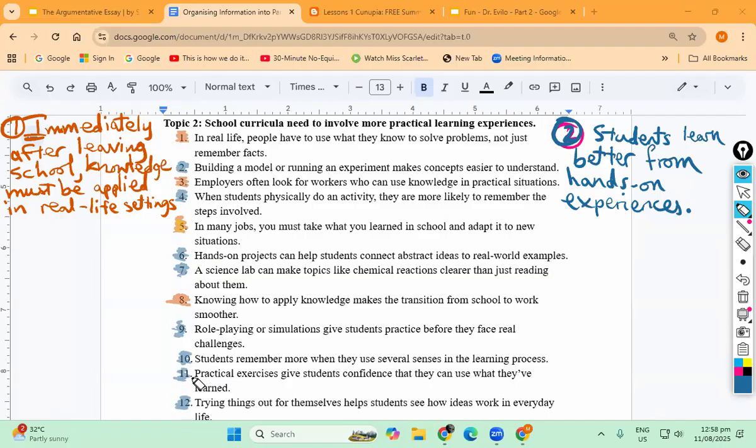So I won't make you put all, I don't think, because I'm looking at the time, but let's see. So underneath the orange, immediately after leaving school, knowledge must be applied in real life settings. So school curricula need to have more practical learning experiences, right? Because in real life, you have to solve problems, not just remember facts, right?